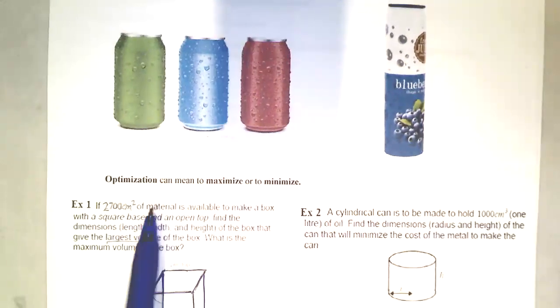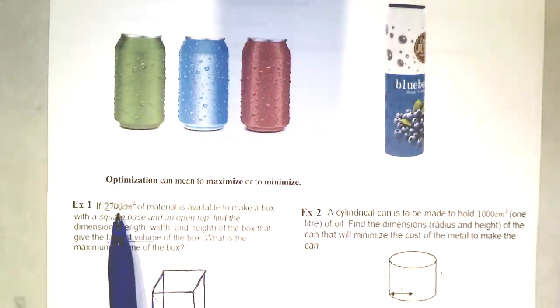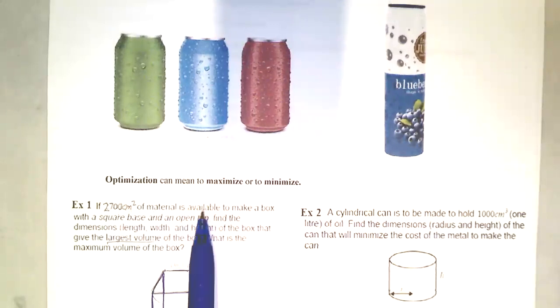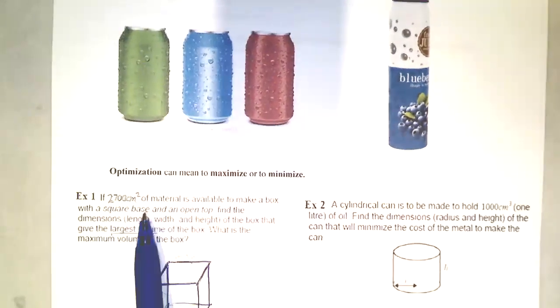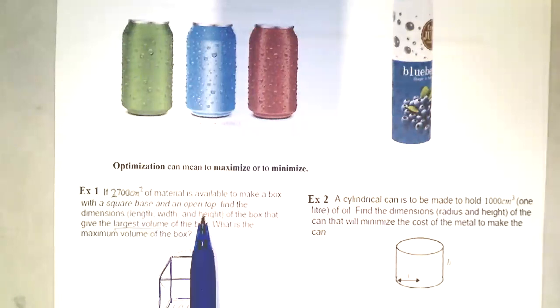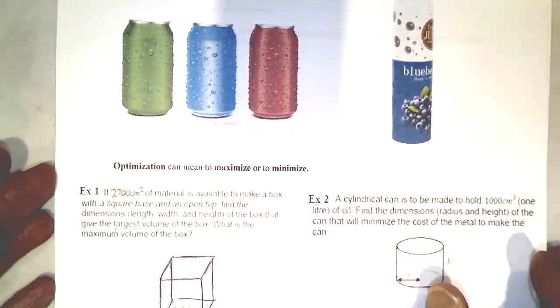So this first question says, if 2,700 square centimeters of material is available to make a box with a square base and an open top, find the dimensions, meaning find the length, the width, and the height of such a box that gives the largest volume possible. So we are trying to maximize volume.